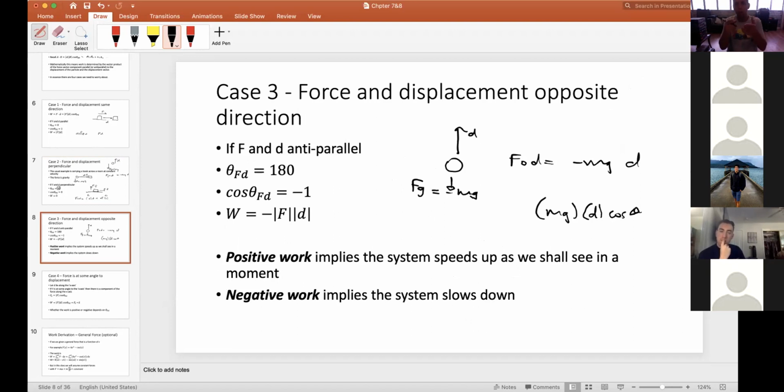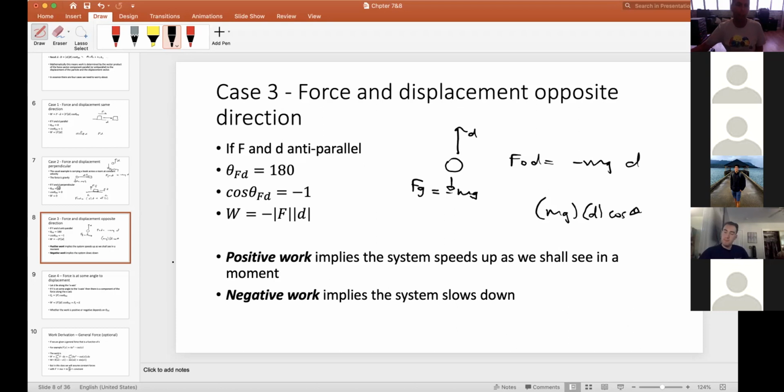But the angle between that force and D is 180 degrees. Cosine of 180 is -1. So when your displacement and your force are in opposite directions, you get a negative sign. Why?